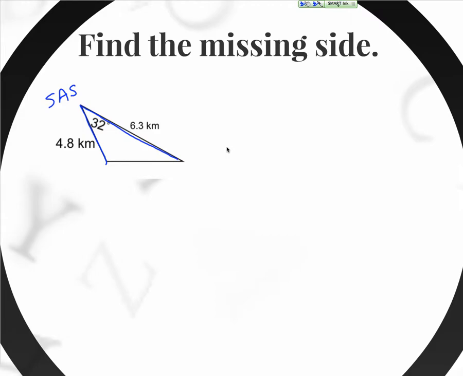So I'm just going to take the formula from the packet. I like to use x for my variable. It's my favorite variable, so that's going to be my missing side. So that will go in the C spot. So this will have to go in the angle spot, and these guys will go in the A and B spots, and it doesn't matter which.